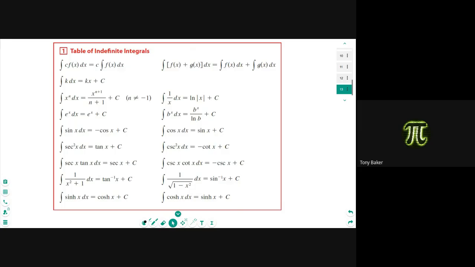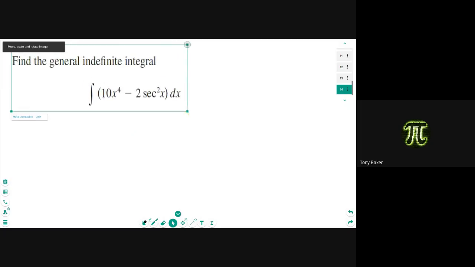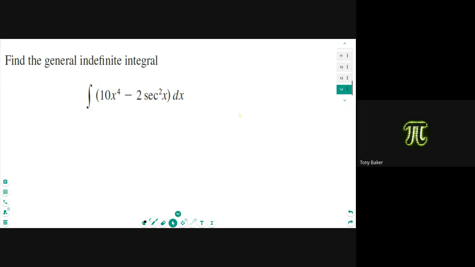So the only difference between what we were doing before and what we're doing now is there are no A and B. So write the function down and I'll switch back over so you have the integrals.